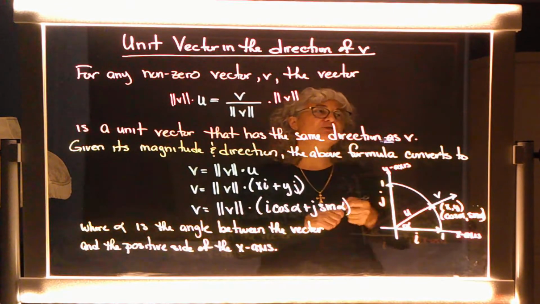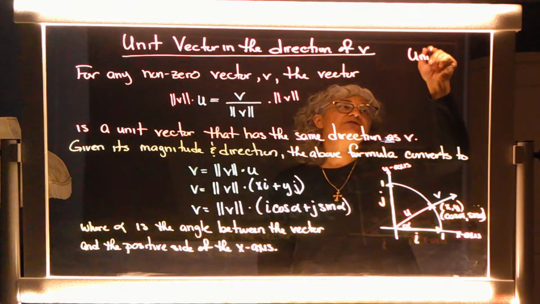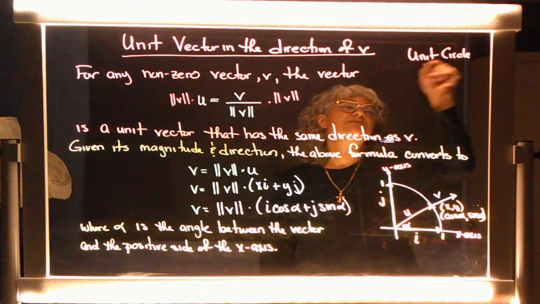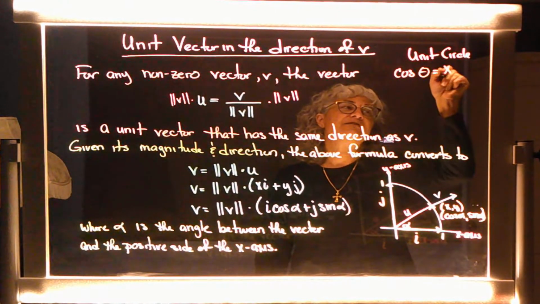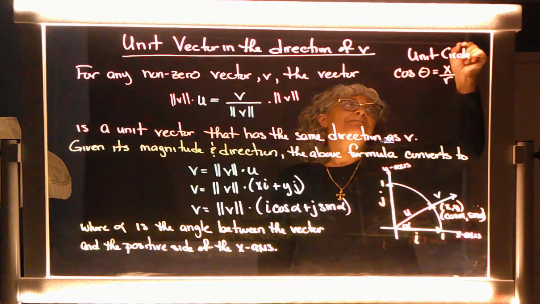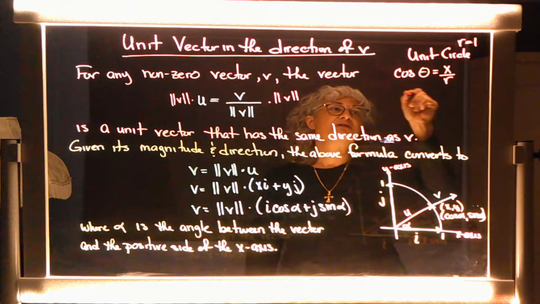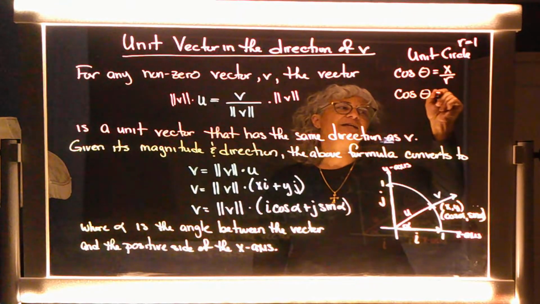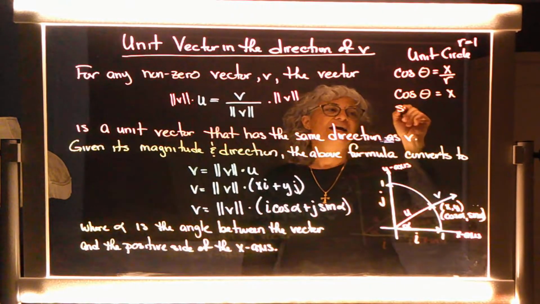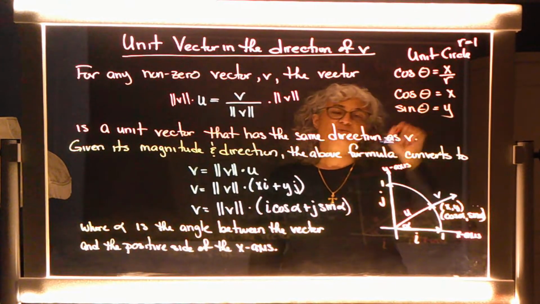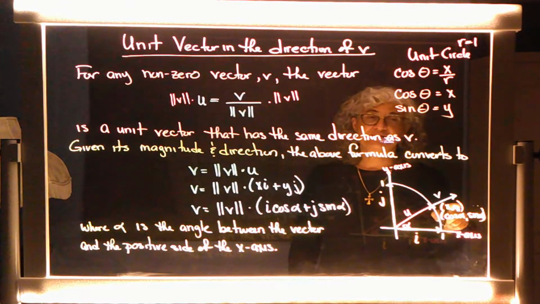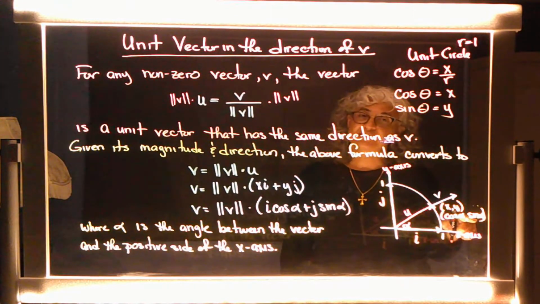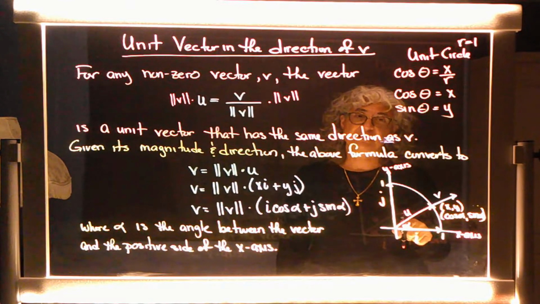If you remember from trig, when you're on the unit circle, the cosine of your angle is x over r, right? But if it's the unit circle, r is equal to 1, which means the cosine of the angle is just x. And the sine of the angle is just y, isn't it? So instead of saying (x, y), I could say (cosine of alpha, sine of alpha), because there's my angle.